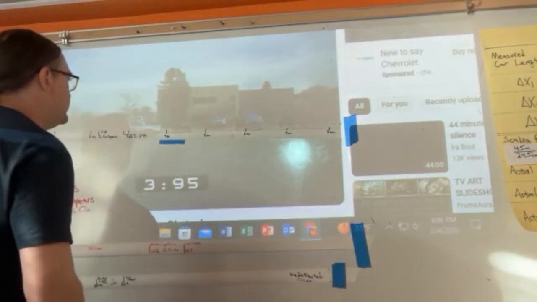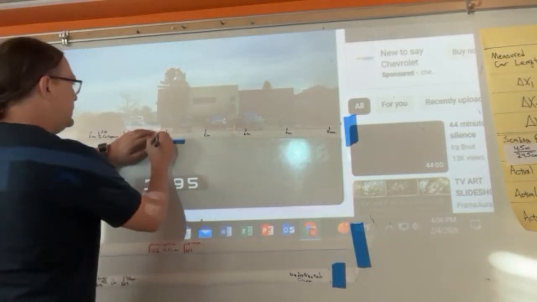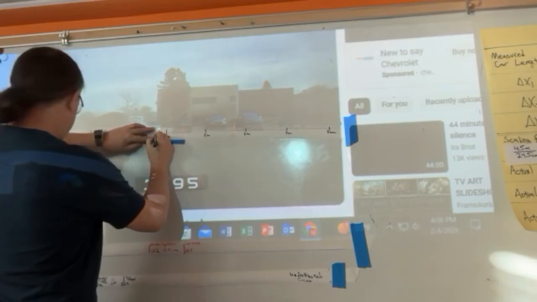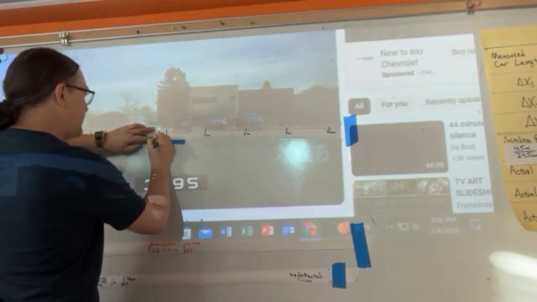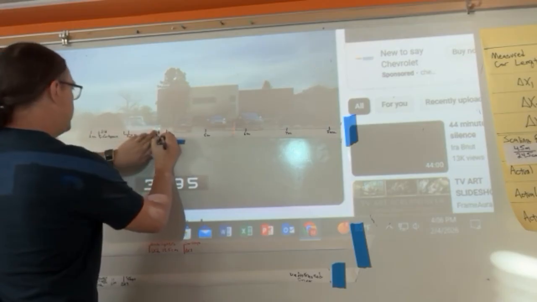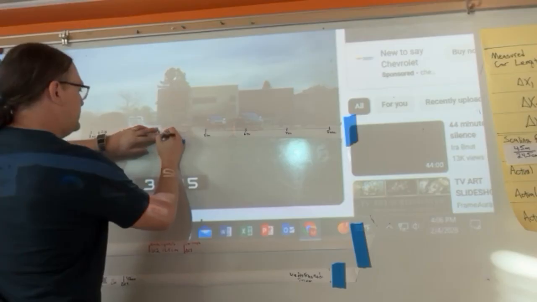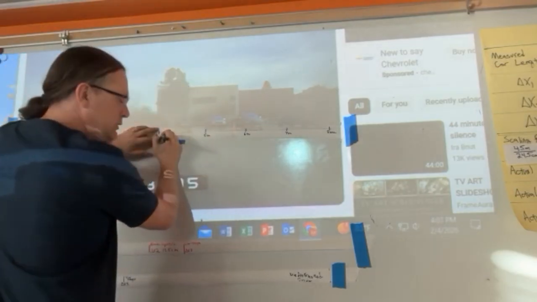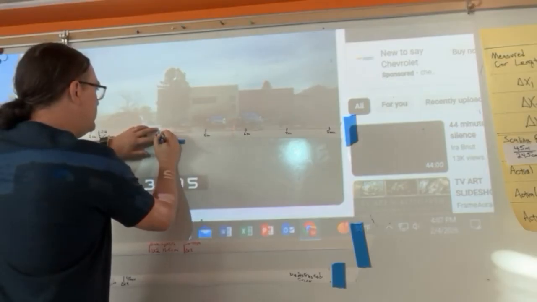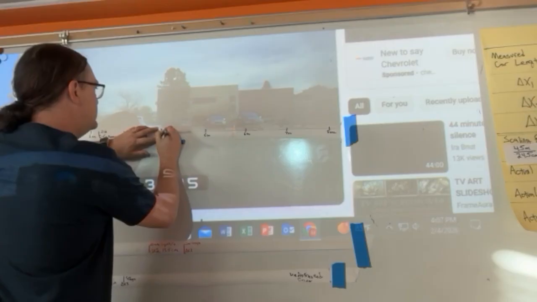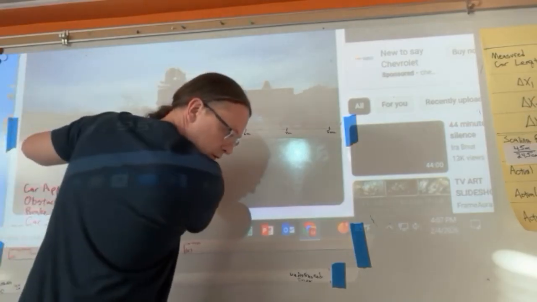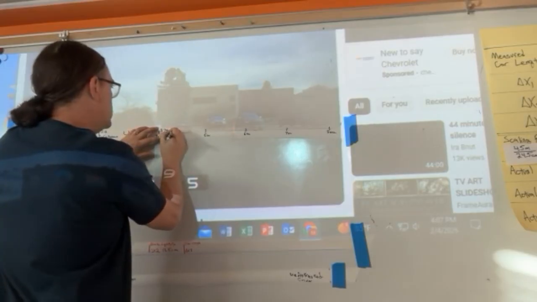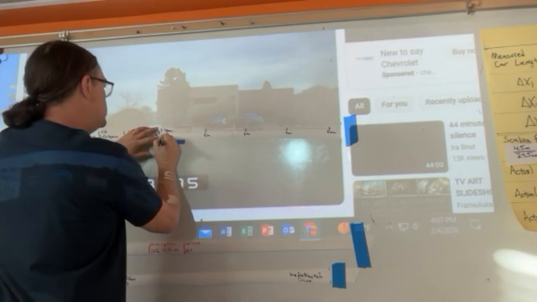It's probably a little bit before that. Let's call that time 2. Time 3, brake lights on at about 3.7 seconds. Brakes on.